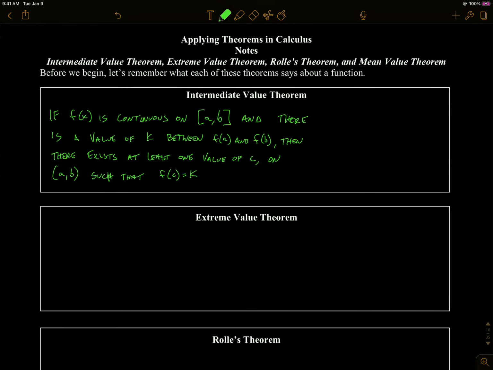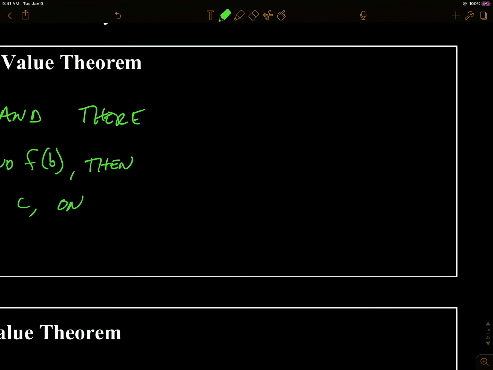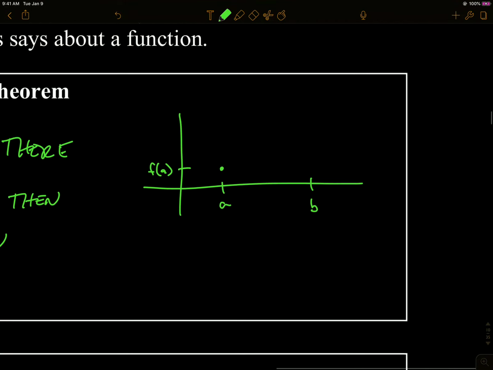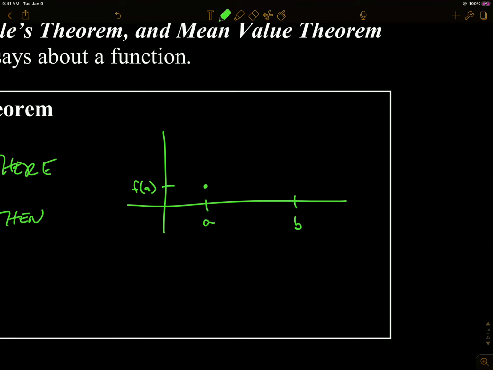So remember, graphically sometimes that'll kind of clear it up. We've got your interval a to b, and then f of a happens to be the y value at that a value, and then f of b, so maybe we have this other point up here. Maybe this is our function.